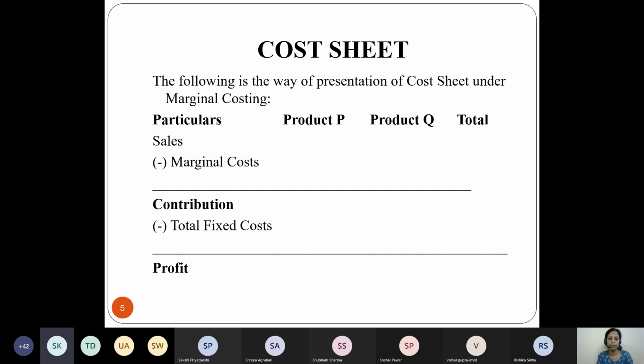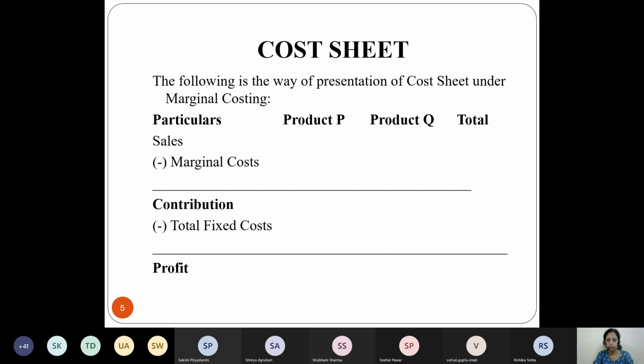First, you will take the selling price of both products, P and Q. You will deduct marginal cost and you will find out contribution. So the contribution of product P and of product Q go into the total profit of the organization. Now, this is the important feature of marginal costing.